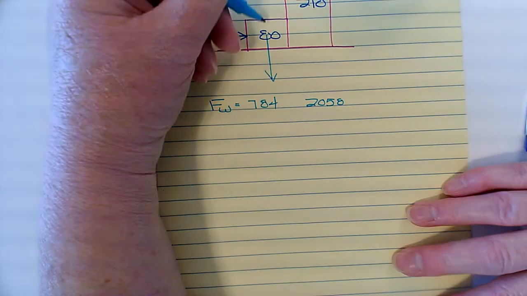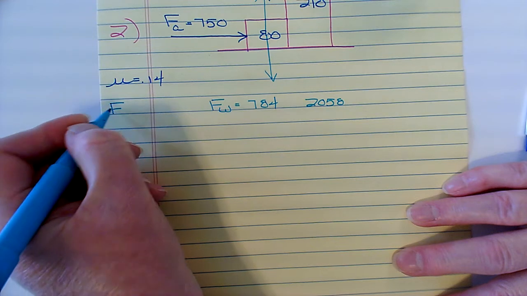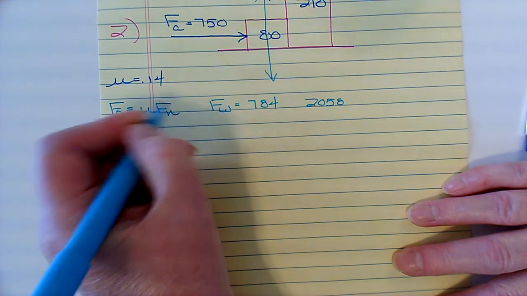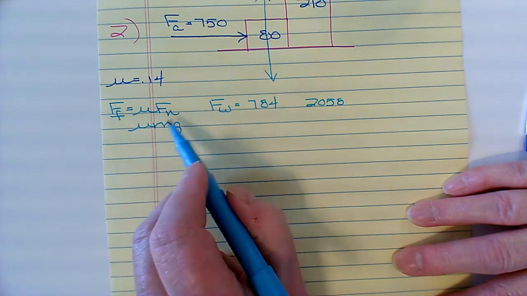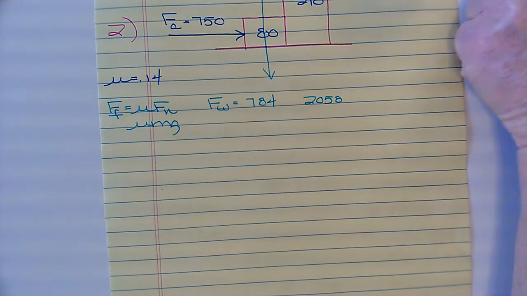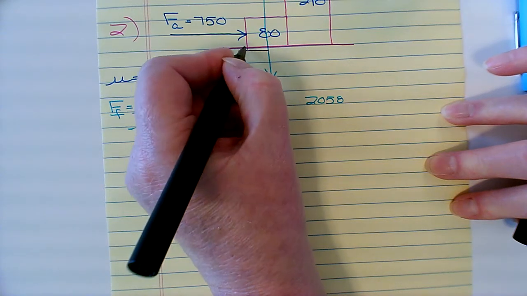And remember that FW equals Fn. The reason that we care about that is friction is mu times Fn. So really we could do mu mg. So basically friction is going to be mu times whatever these values are here. So let's write those in our pictures here. I'm going to draw the frictions down here at the bottom.